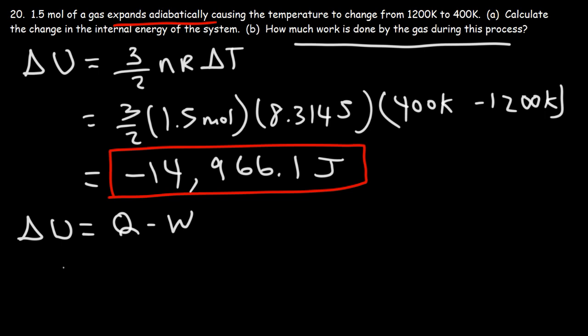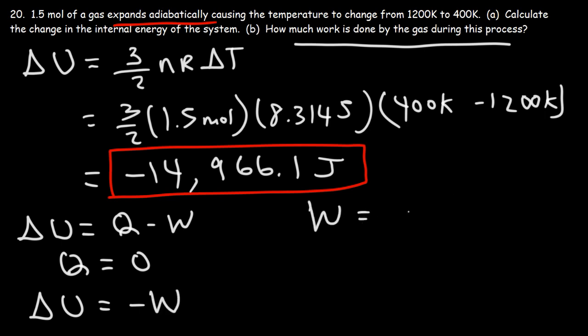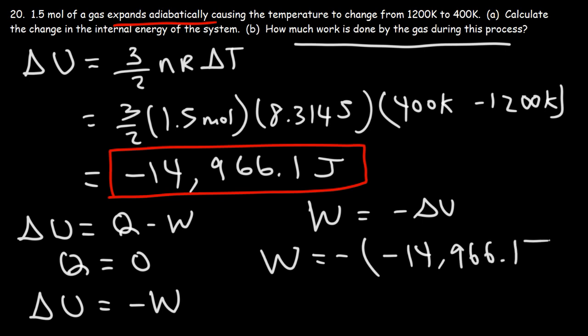So, for an adiabatic process, Q is 0, which means delta U is equal to negative W, or W is negative delta U. So the work done is going to be negative times negative 14,966.1. So the work done by this gas is positive 14,966.1 joules.